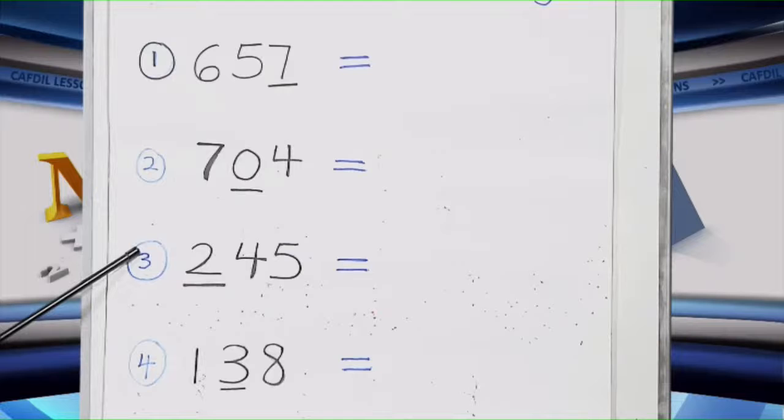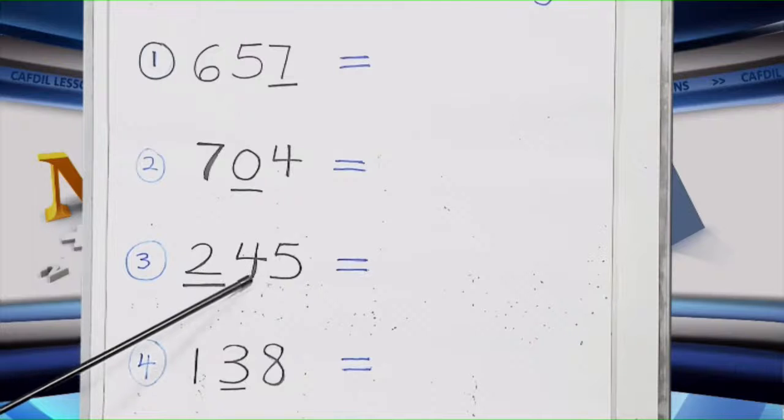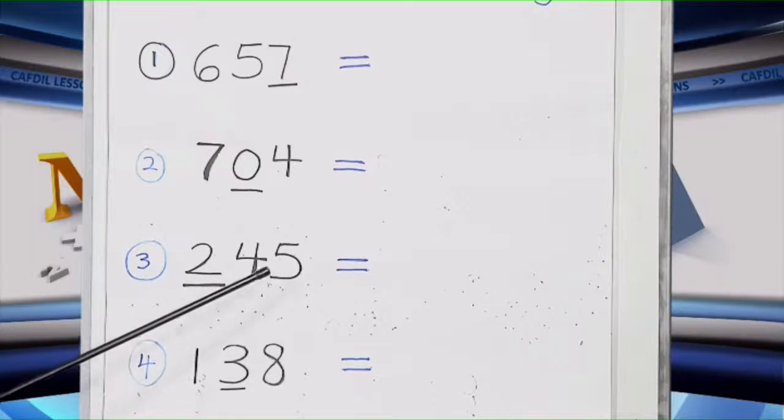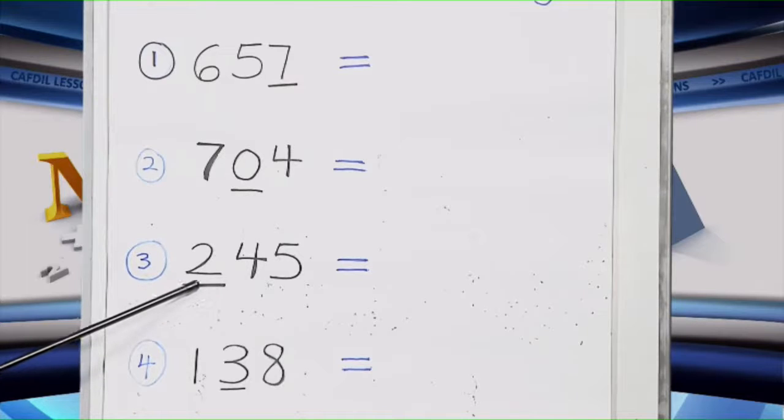Number 3. We have 2, 4, 5. 2 has been underlined. So what is the place value of this 2? Once again, you have to tell me whether this 2 is under ones, tens, or hundreds.